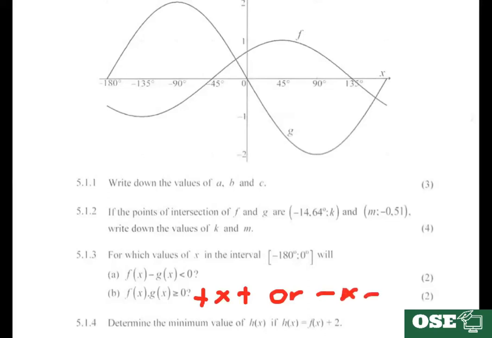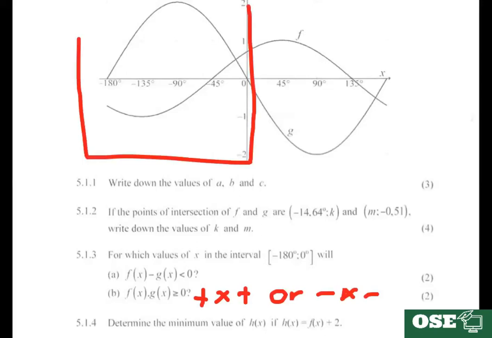So here in this interval, once again, ne, where on g of x do you either have two positives or two negatives? Let me do it in different colors.